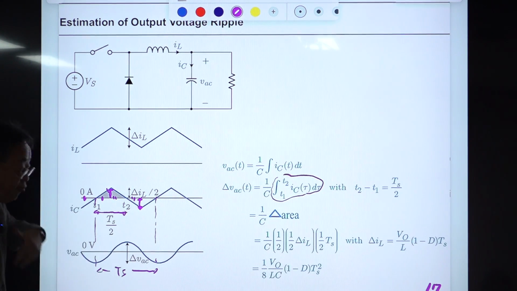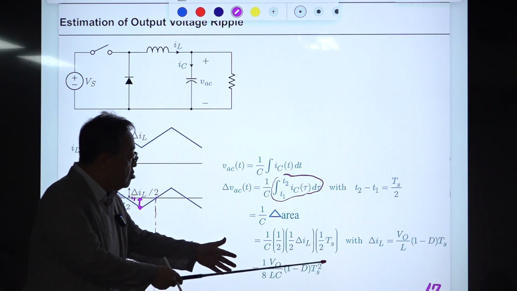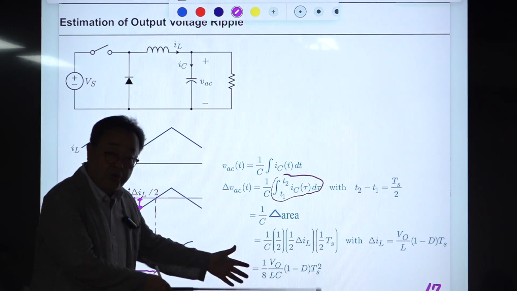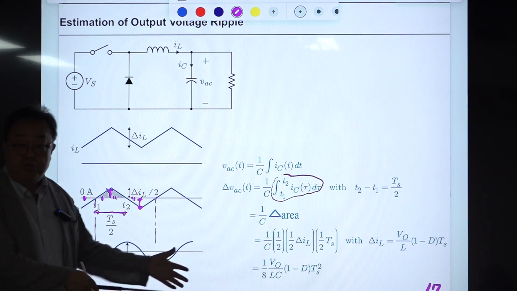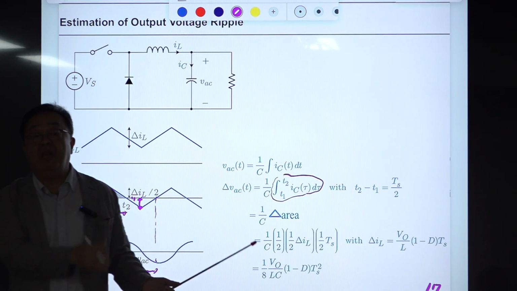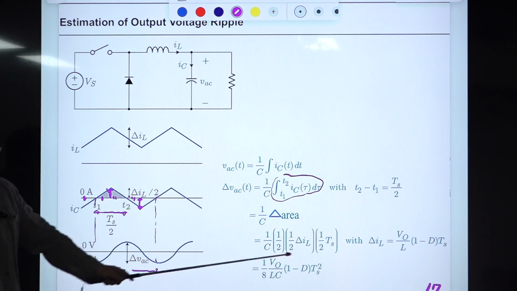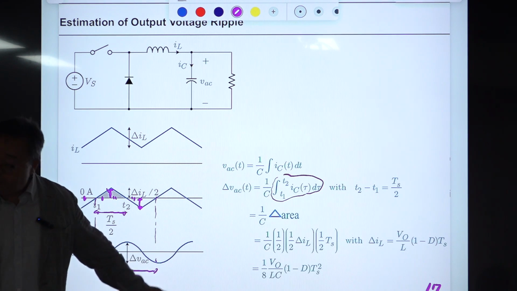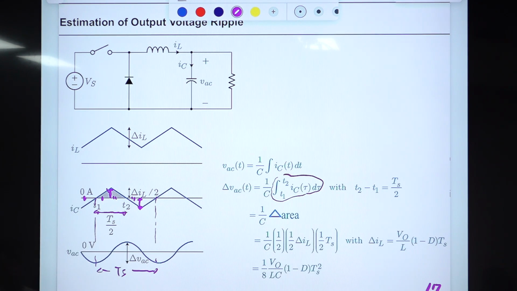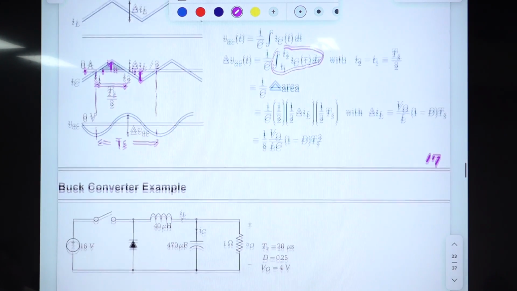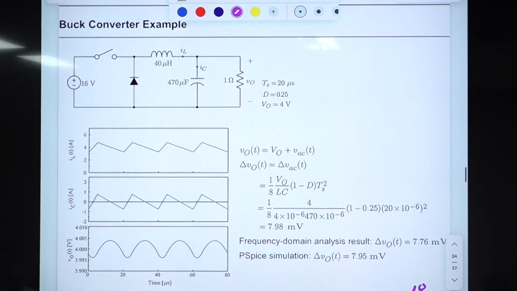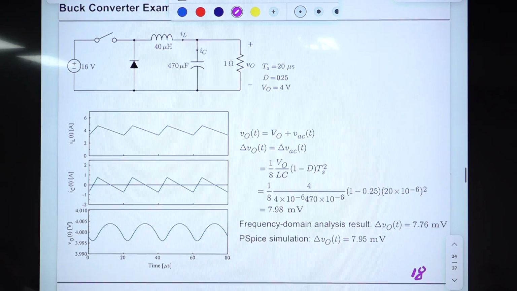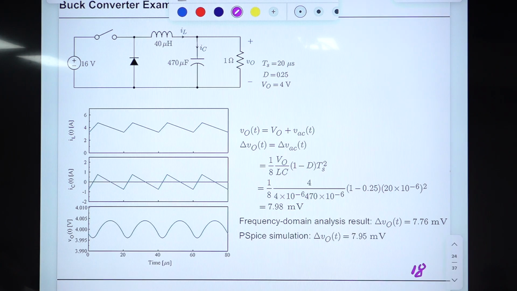Okay, so we fully reconstructed the magnitude of the ripple component. Initially we ignored everything, so this one was assumed 0, but now we construct that based on the simplified analysis using the constant output voltage, and we reconstruct this ripple component, and this is the simulation result of this one.